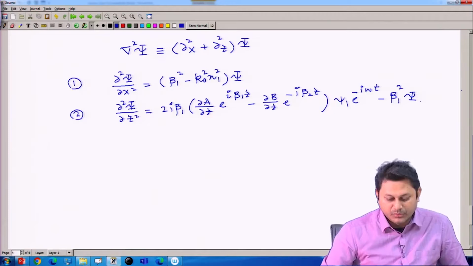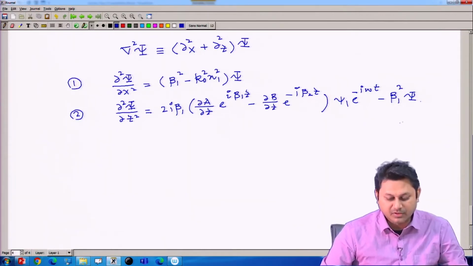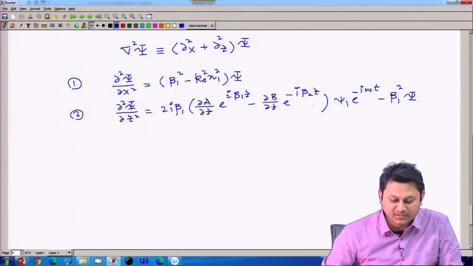So, now we execute the left hand side, because two terms, the partial derivative with respect to x and partial derivative with respect to z, are now evaluated.